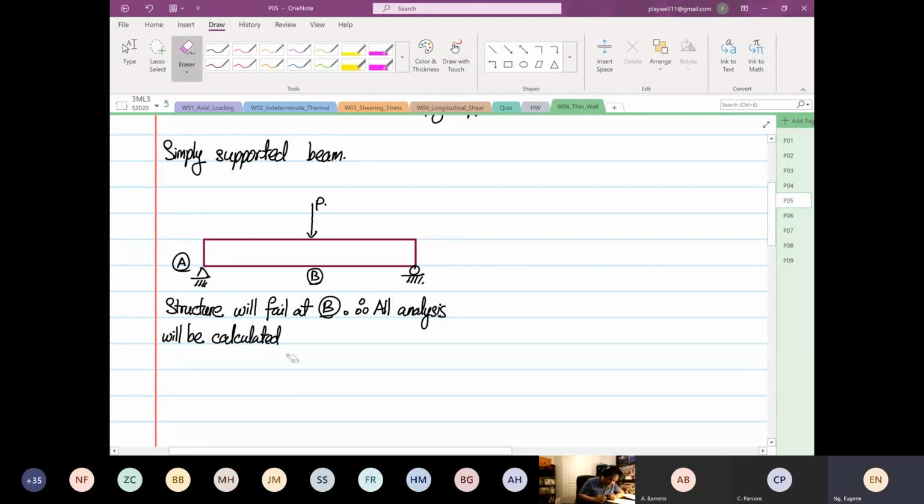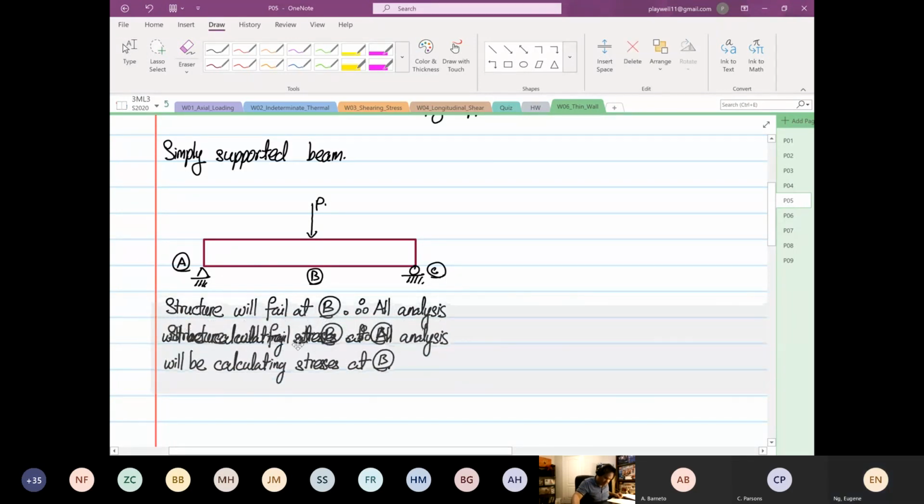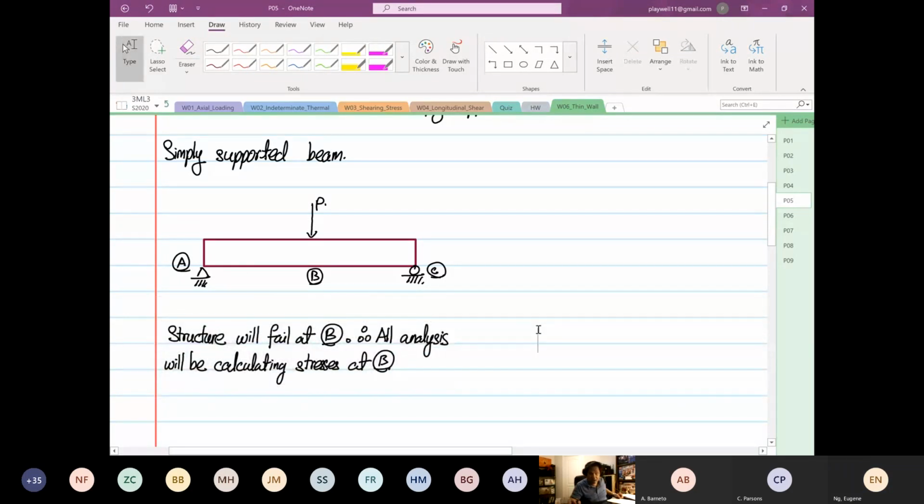I'll be calculating stresses at point B. Okay, at point B. Now, this is my point C down here. Okay. So when we analyze the structure, we only need to analyze half of it.